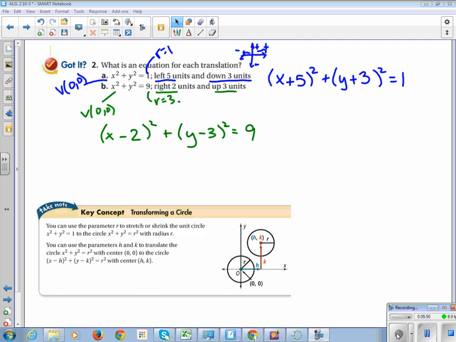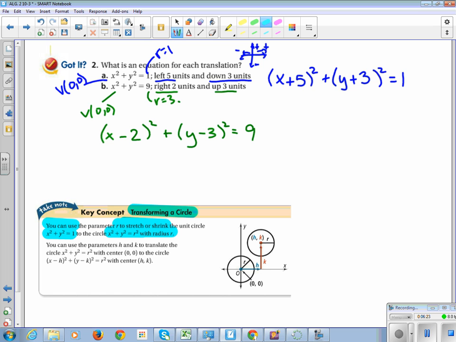When we're talking about transforming a circle, which is one of our key concepts, we can use r to stretch or shrink the circle. If we have x squared plus y squared equals 1, all we have to do is change the radius, either make it bigger or smaller, and we can stretch or shrink the circle.